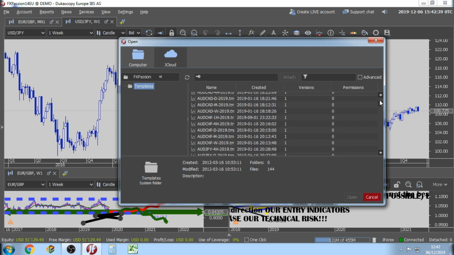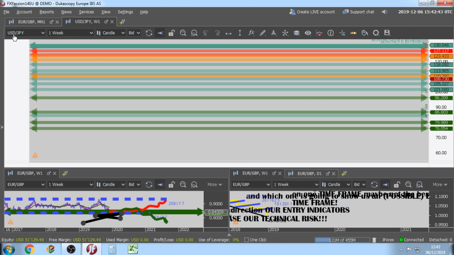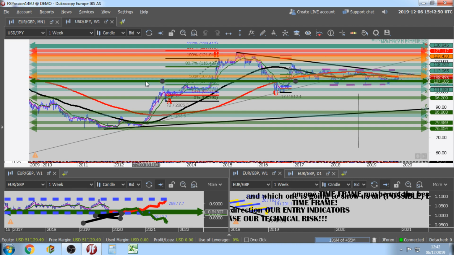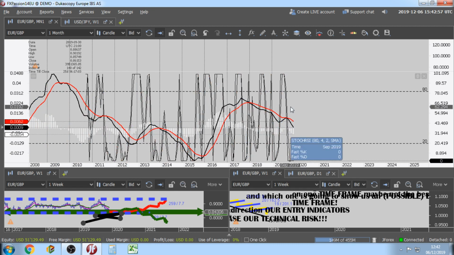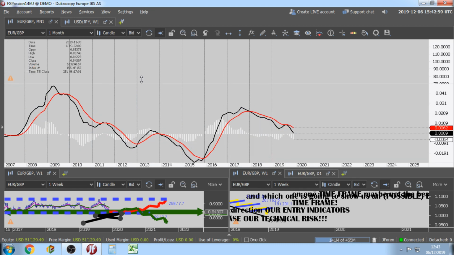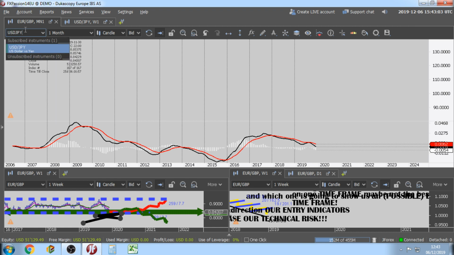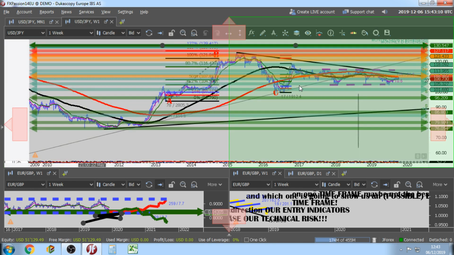If the software is going to allow USD JPY on the weekly, hopefully. So USD JPY on the monthly and USD JPY. Okay, and I'm going to delete. Oh, still USD JPY. Let me see. Okay. And this is the weekly here.